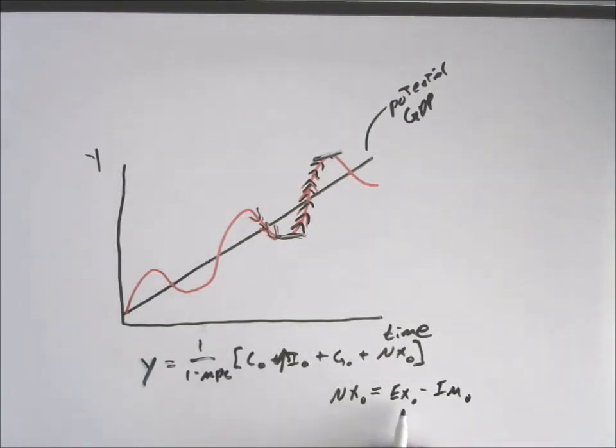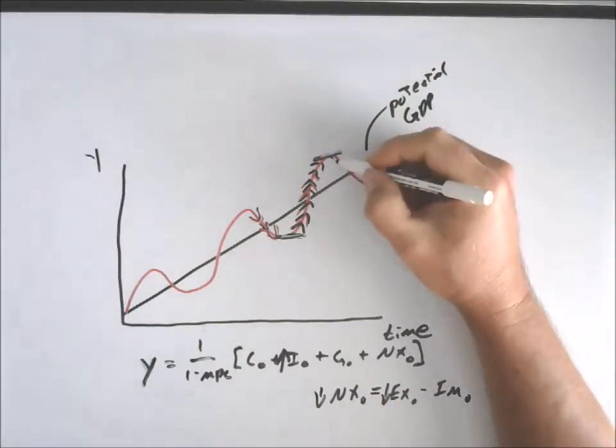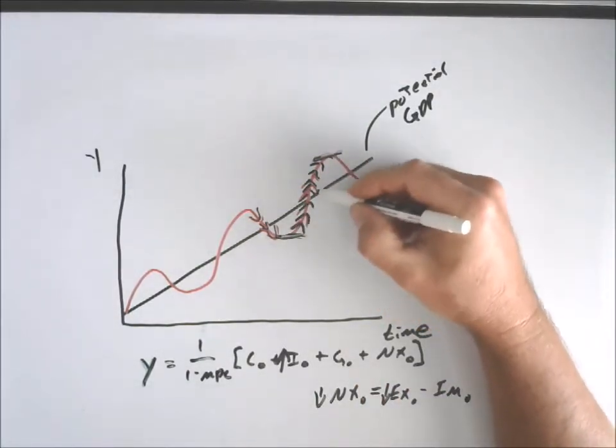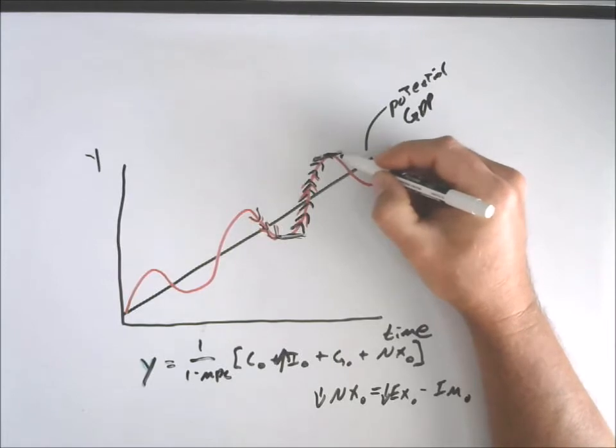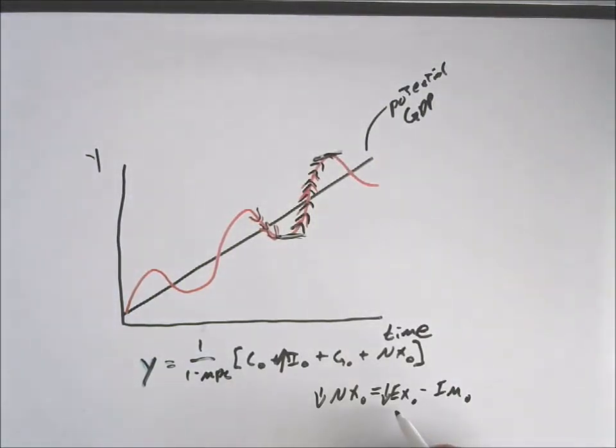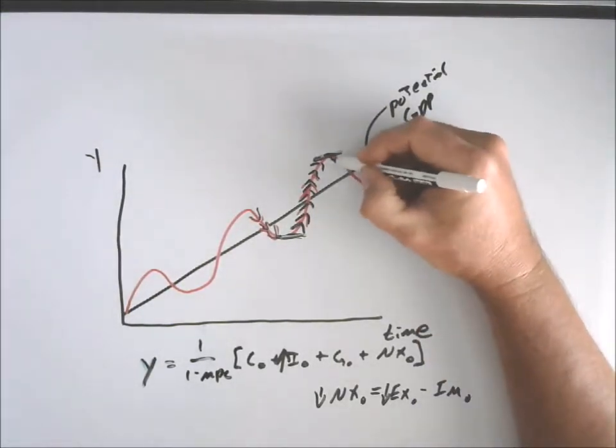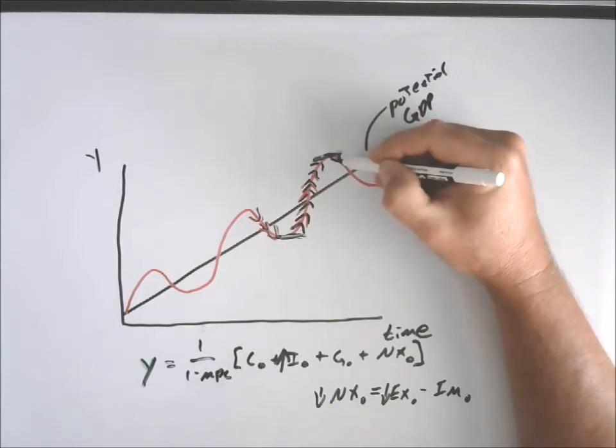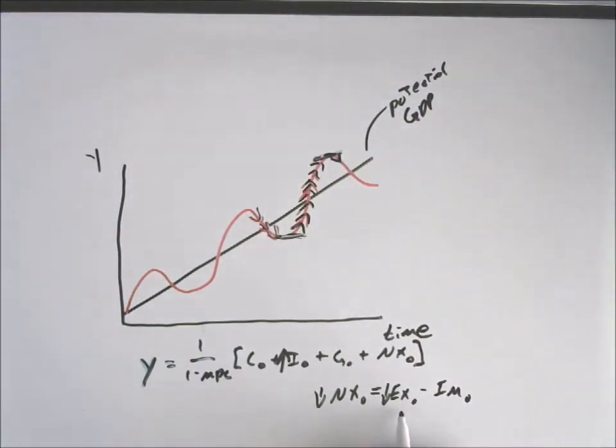If EX0 falls, that means NX0 falls. So if this economy expanded, hit this peak, and we get a negative shock to exports, that first initial dip is caused by the initial fall in exports.